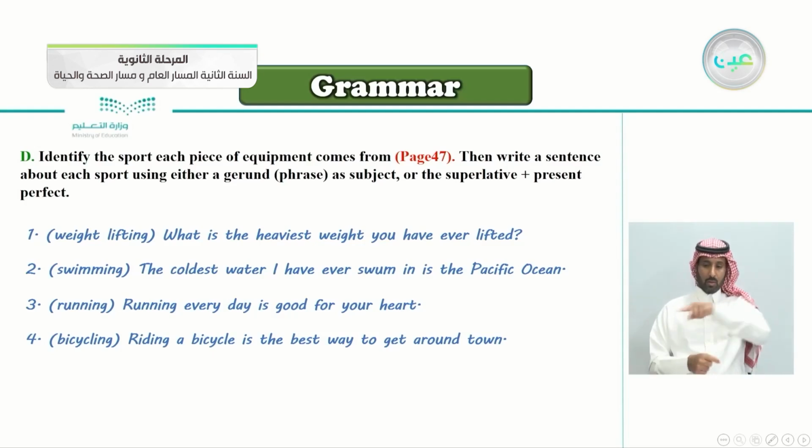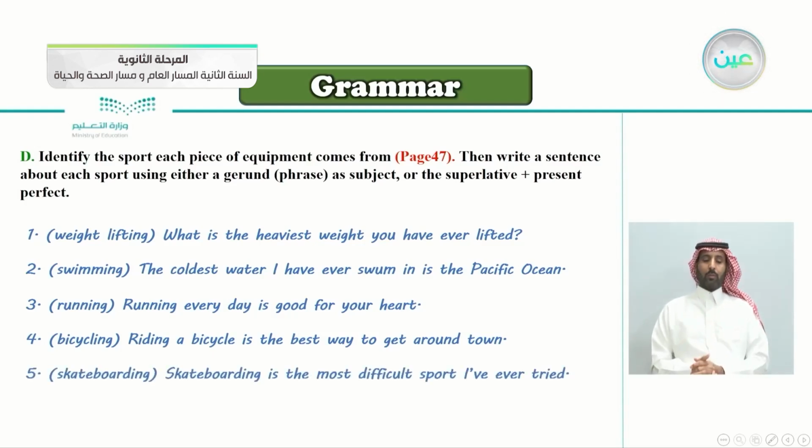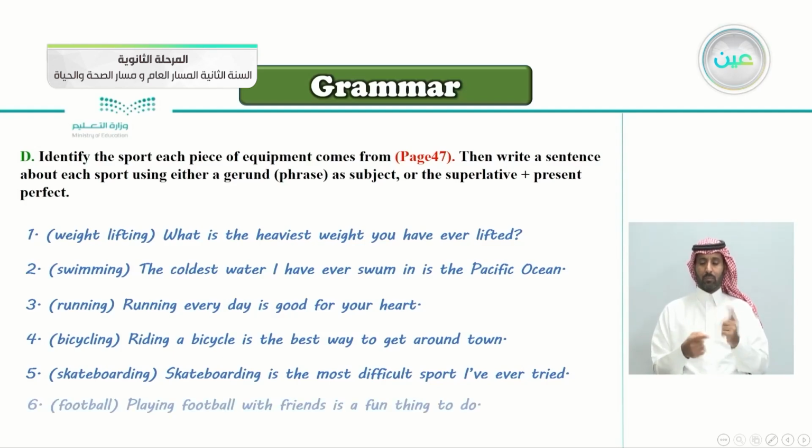Riding a bicycle, this is a gerund here. Also, skateboarding is the most difficult sport I've ever tried. This is a superlative plus the present perfect. Number 6, playing football with friends is a fun thing to do. Playing, gerund here, football with friends is a fun thing to do.